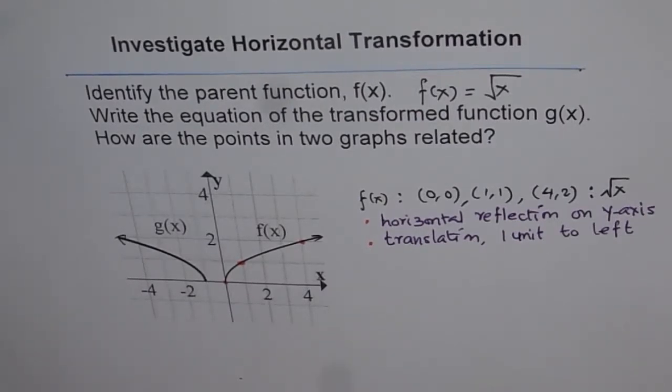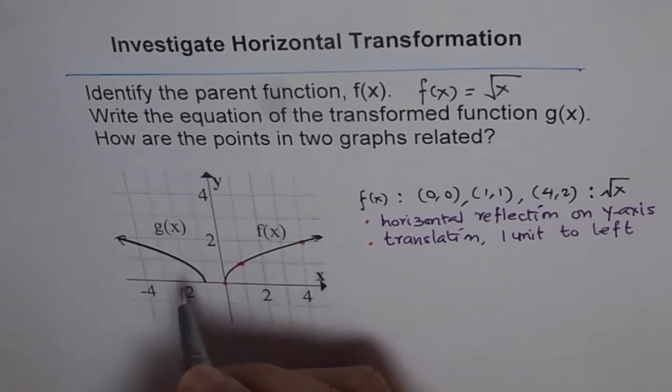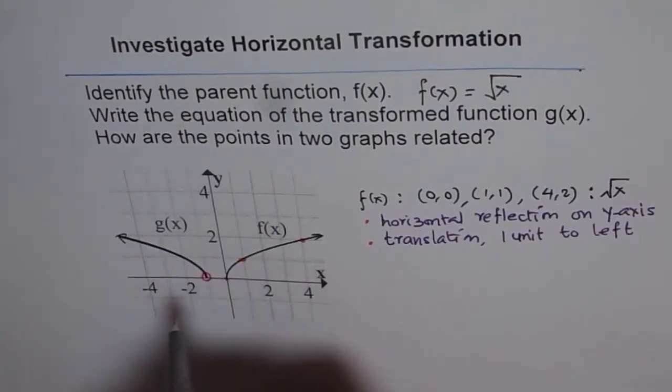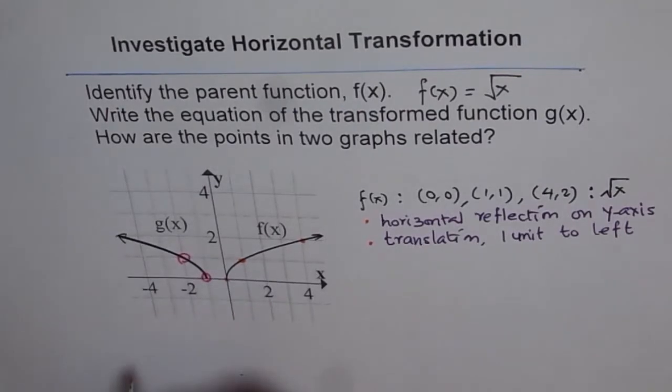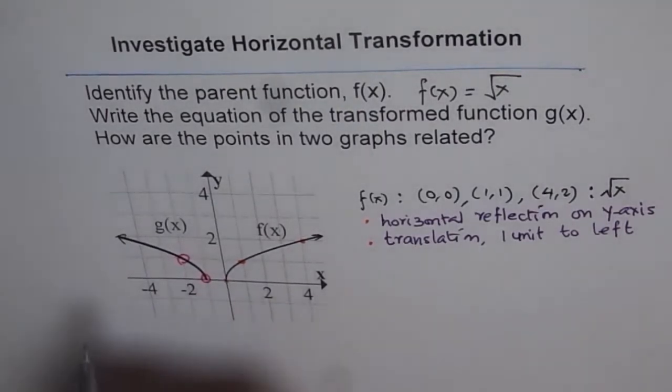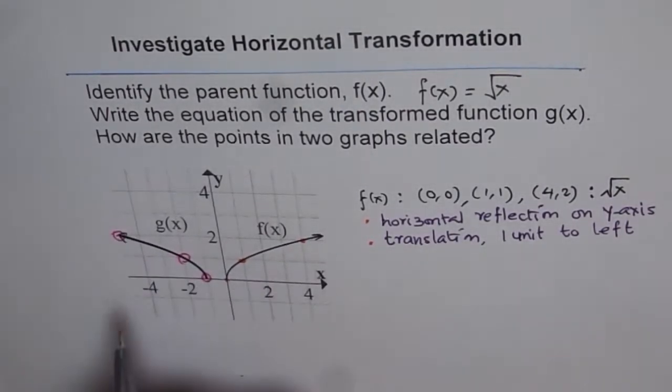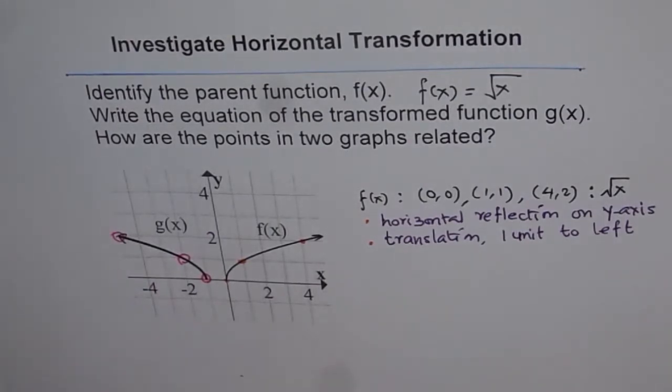Now both these transformations are really affecting the x points, right? Let's compare the points now. If we see some points on this graph, this point is (0, 0), and this point is (1, -2), and this point is (-5, 4). So let's write down these points on our function g of x.